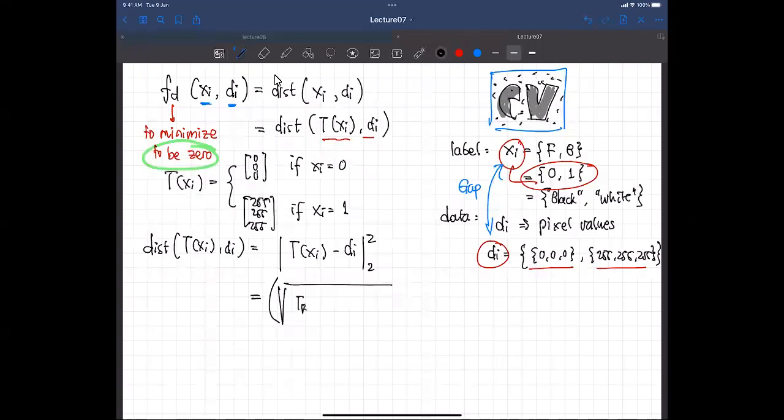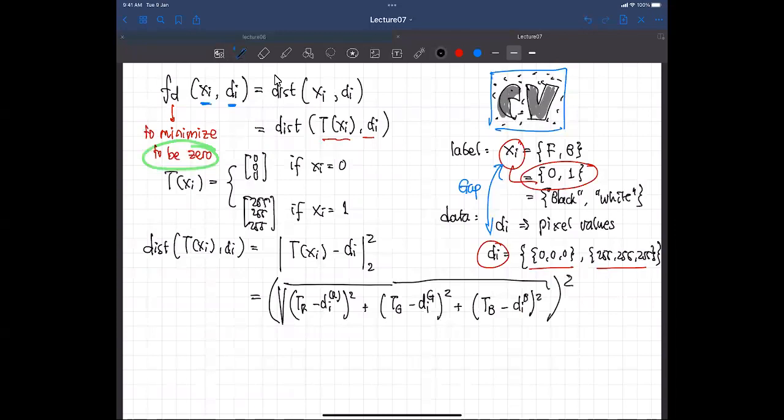TR minus TiR square plus TG minus TiG square, plus T blue channel minus Ti blue channel square. That's the meaning of 2 there.